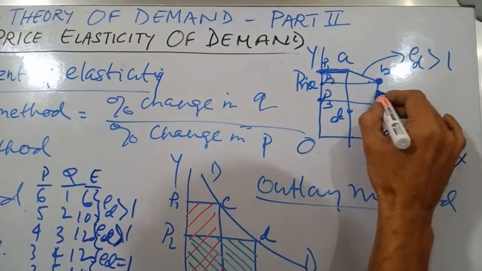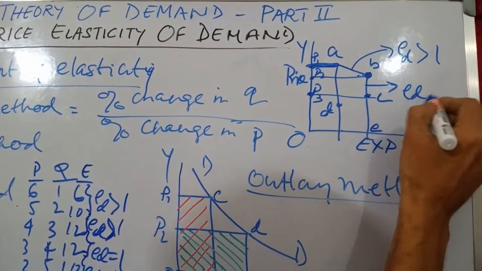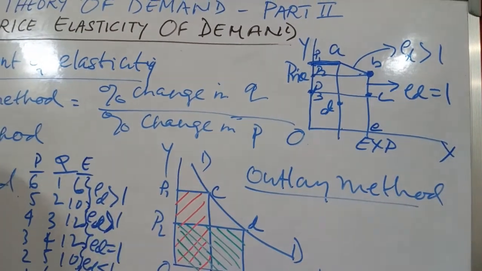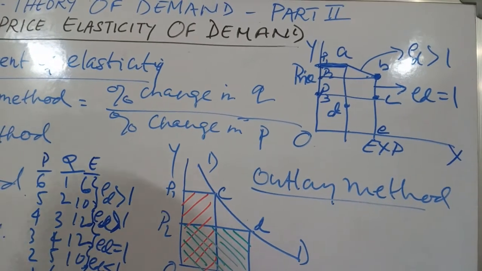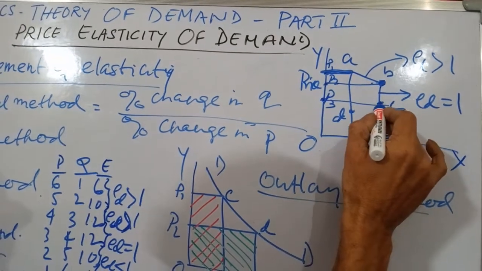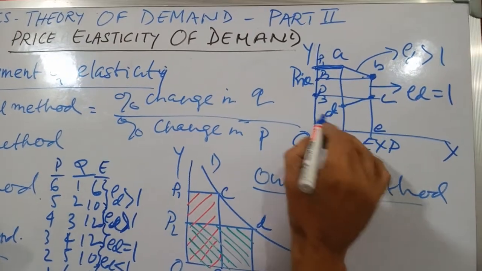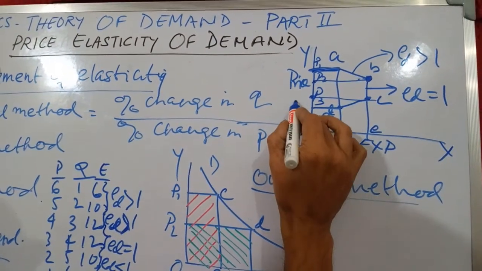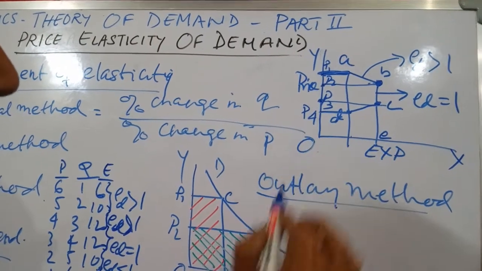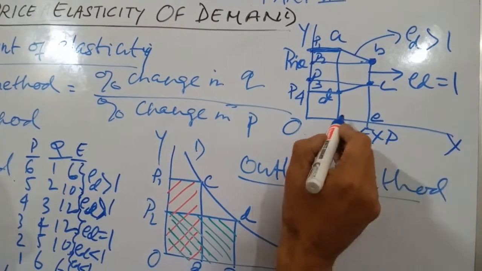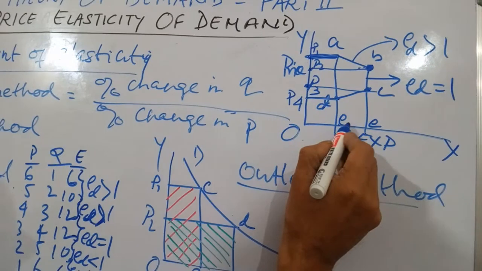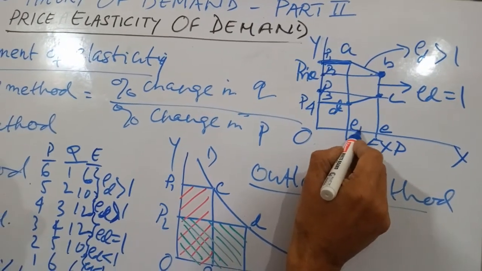So here ED is equal to 1, and movement from C to D, that is when price falls to P4, from P3 to P4, expenditure falls from E to say E1.